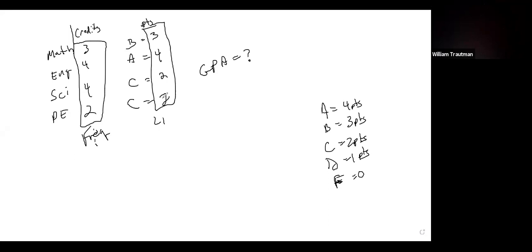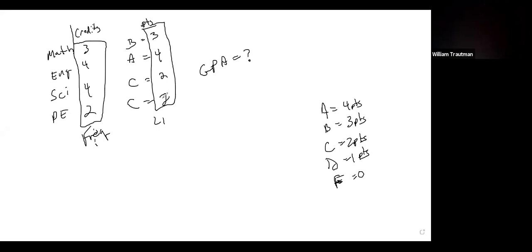So A, I'm going to call L1. And I'm going to type in 3, 4, 2, 2.